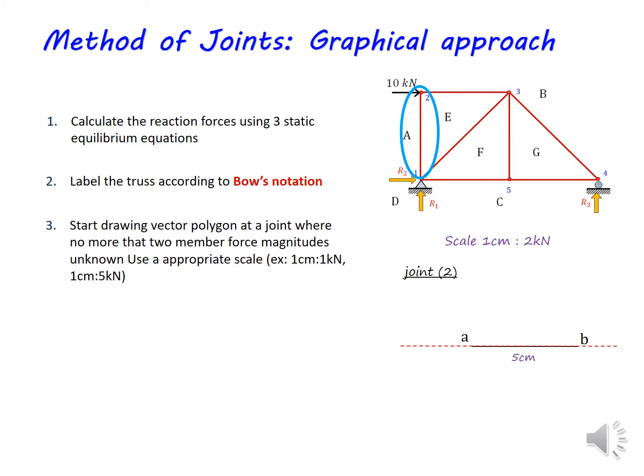AE is a vertical line, so we can draw a vertical line just like this, going through point A. So our point E should be somewhere on that vertical line.